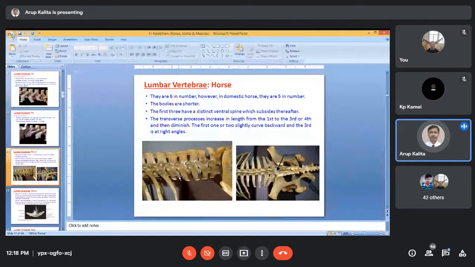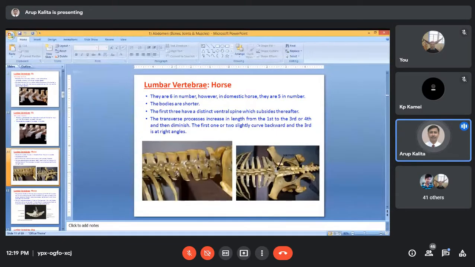This is distinct and subsides thereafter. The transverse processes increase in length from first to third, or fourth, then they decrease. That means after that they will diminish.